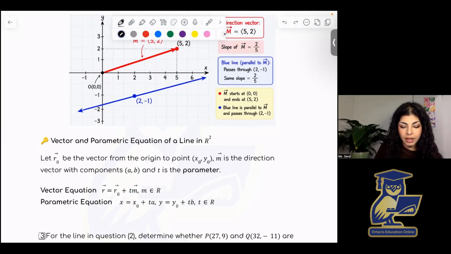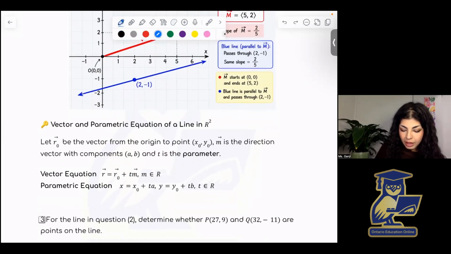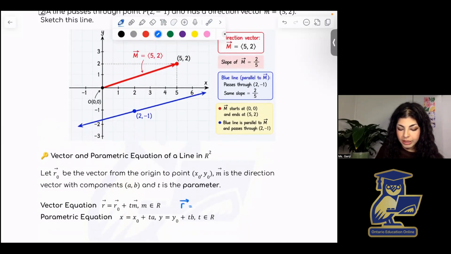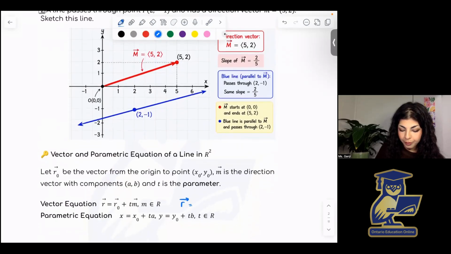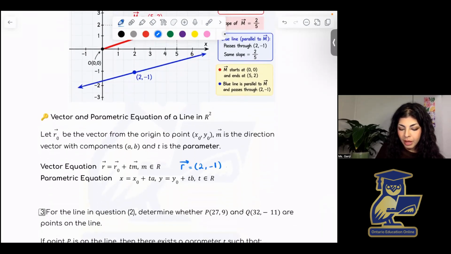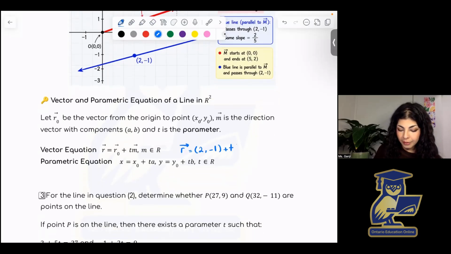So with the line we had above, r would be defined as our point here, (2, -1), plus a parameter t. And really you can use any parameter here. You'll often see s and t used, but you can use any other variable too. And our direction vector was (5, 2).